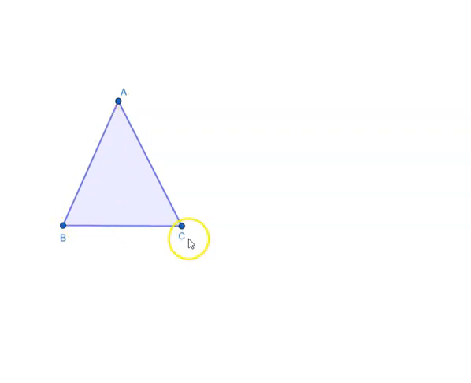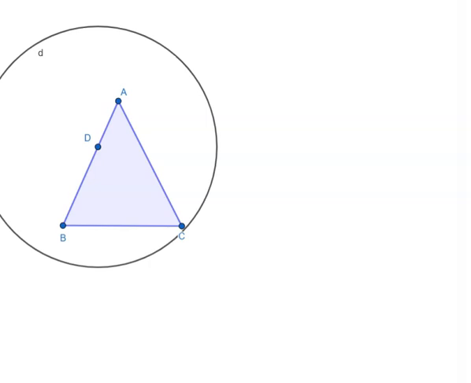We have a triangle. The proposition is basically saying that if we draw a line parallel to BC, so let's take a point D on one of the sides and draw a line through D parallel to BC. Again, we know how to do that.